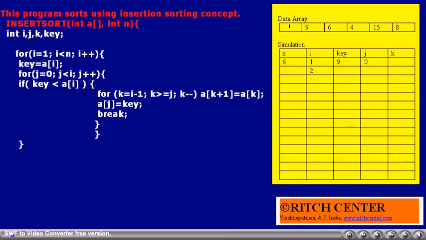We start from the 0th element and check for the existence of any element whose value is greater than 6 in this case. If so, we are supposed to insert 6 before it. To insert 6 before it, we have to move those elements, and then insert. Let us see what happens.